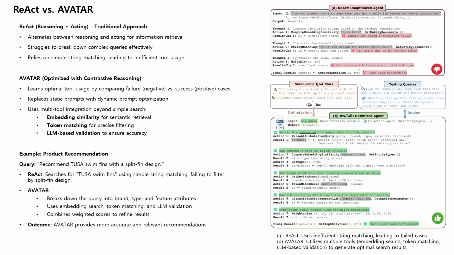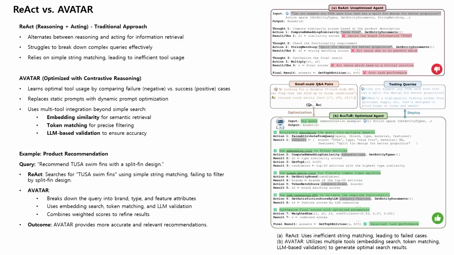More importantly, it doesn't just use one retrieval method. It integrates multiple tools such as embedding similarity for semantic search, token matching for precise filtering, and LLM-based validation to ensure accuracy.